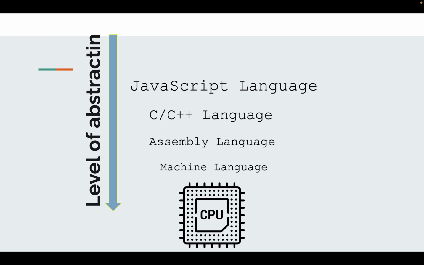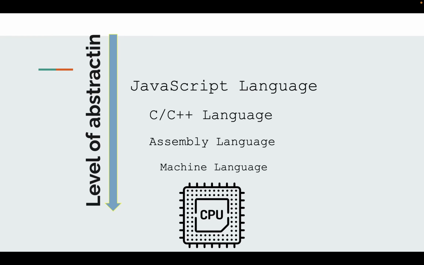And then you have very high level programming languages like JavaScript, which are very far removed from the computer's processor. We don't deal directly with where memory is and what it's doing. You have an engine between you and the microprocessor that's taking care of all of those things for you.